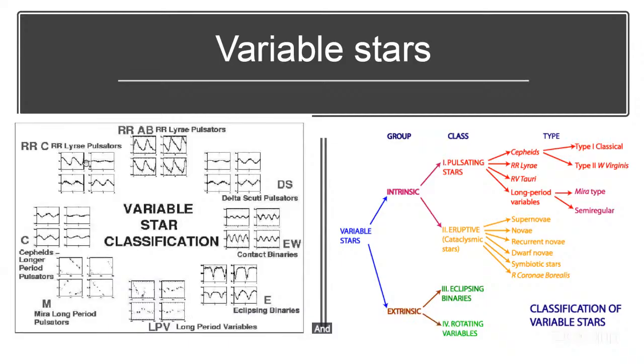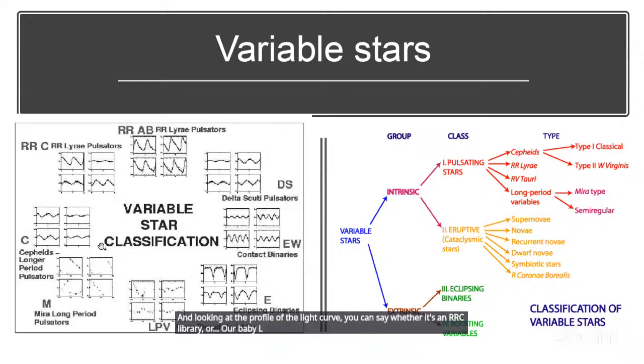Looking at the profile of the light curve, you can say whether it's an RRc Lyrae or RRab Lyrae, or whether they are Cepheids or Mira types, and so on. Machines are being used very successfully to classify them.